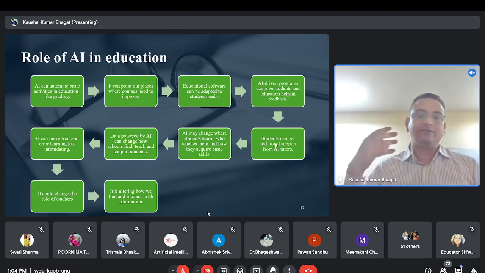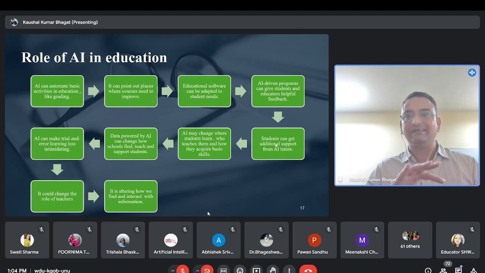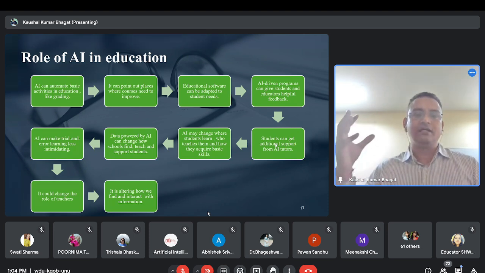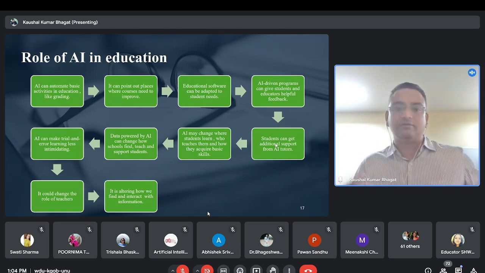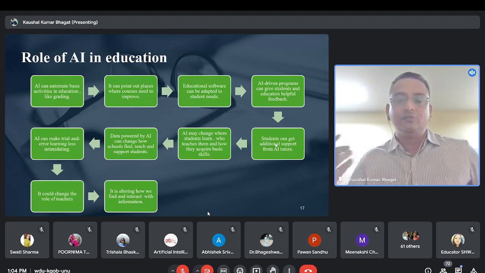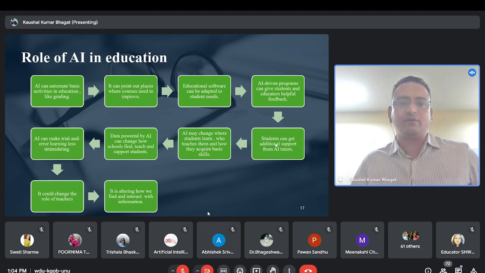In fact, the teachers can also get feedback from artificial intelligence, which can categorize the students who are non-performing, or who are not coming to the classroom regularly. If that data is provided to the teacher or to the school, they can do some kind of counseling with the students and identify what type of problems they are facing.